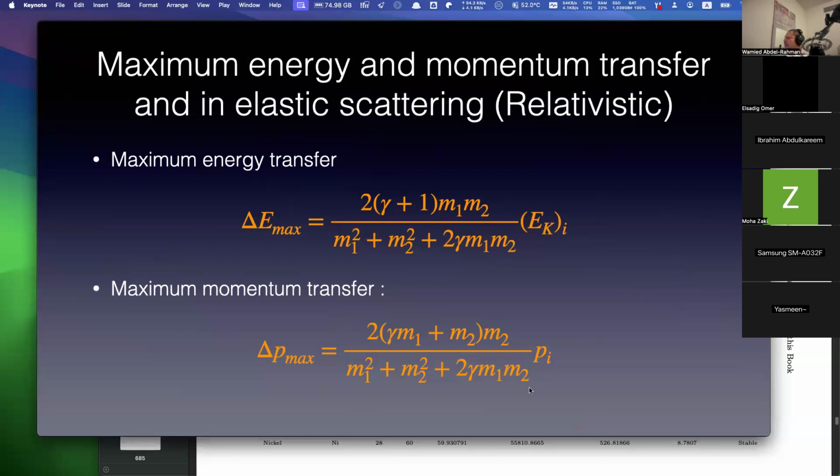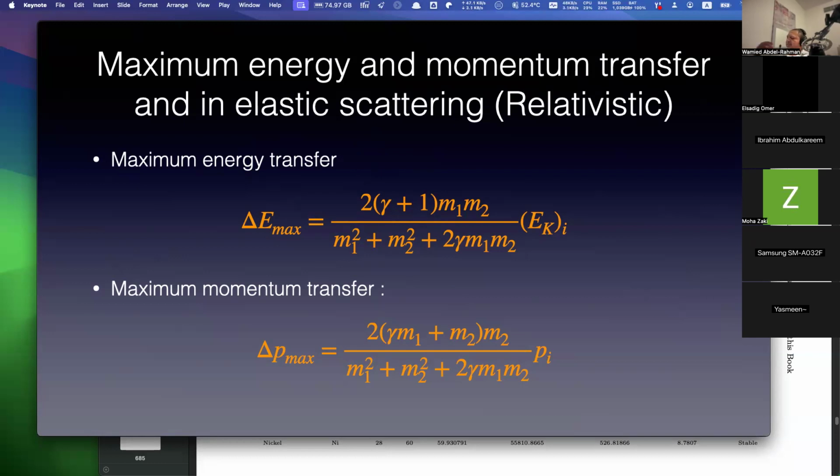But what we expect is that in the limit of these formulas as the velocities become non-relativistic, they should be exactly similar to those derived from the classical derivation.